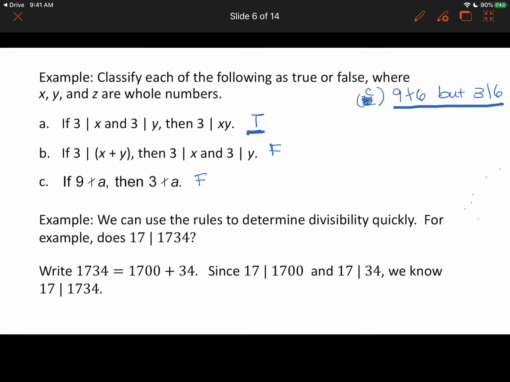Sure, I can write 1734 as 1700 plus 34. And why is that more useful? Because it's easily identified as two numbers that are divisible by 17. So 17 divides 1700 and 17 divides 34. And so by our property, if 17 divides a and 17 divides b, then 17 divides a plus b, or 1734 here.